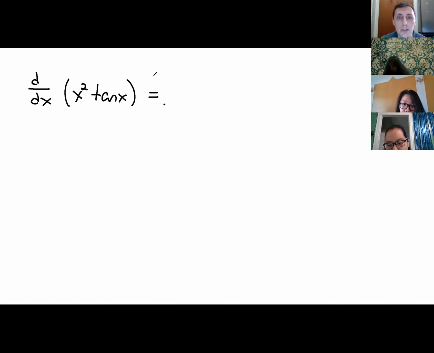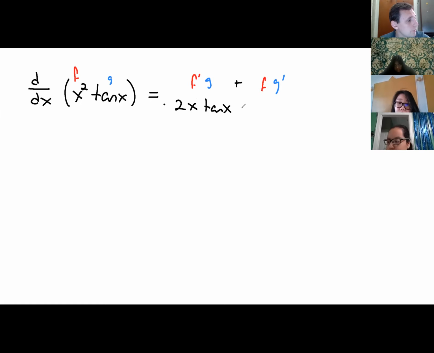So the main operation is, of course, product rule, right? So you have here one function f and another function g. And the formula tells us that we do that. So the derivative of x squared is 2x times tangent.